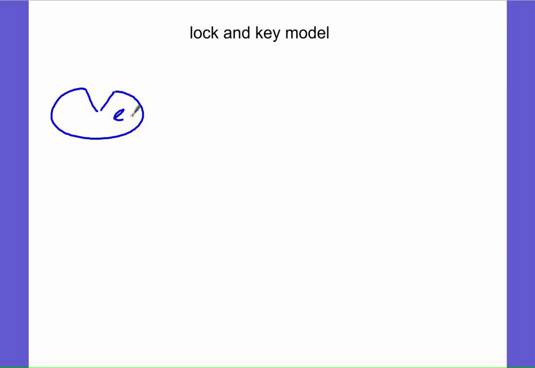And notice that enzyme has a little notch in it. That notch is supposed to perfectly fit the substrate, the reactant that goes with that enzyme. So this enzyme is supposed to act on this substrate, so that substrate fits into that enzyme just like a key in a lock.